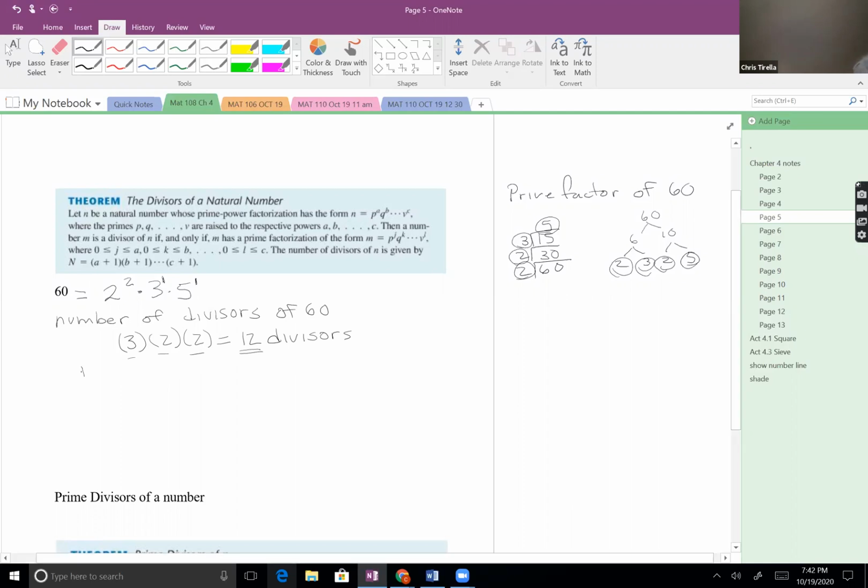So now if I want to list the divisors of 60, do you folks want to use the factorization to list those divisors? Or do you want to just start listing off numbers that go into 60 evenly? I'll leave it up to you.